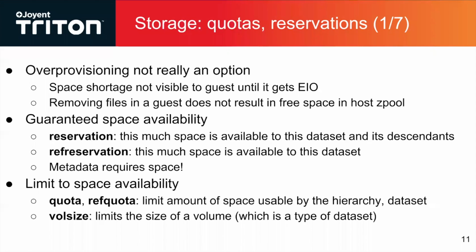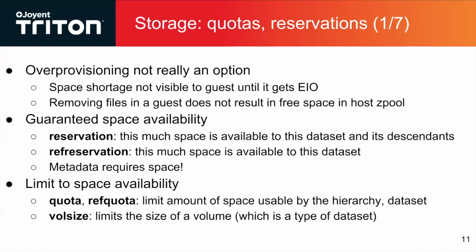So we want to guarantee that the space is available, and that can be accomplished via a couple properties. A reservation is set on the zone path data set, and that makes sure that a certain amount of space is available to the zone path data set and all of the data sets that are its children. So that's the aggregate space for them all, not the individual space.